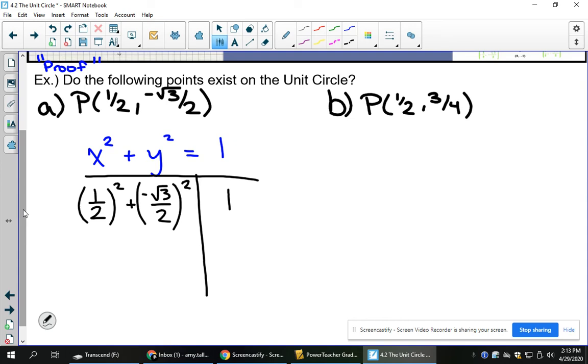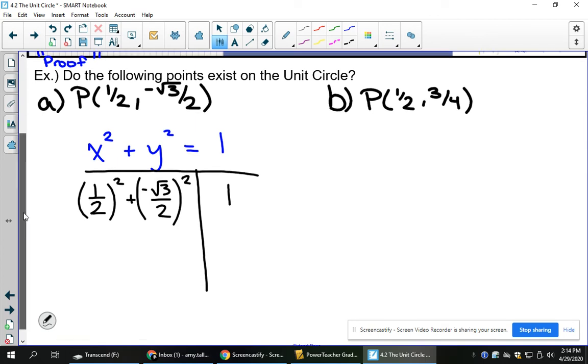Unlike algebra, nothing gets moved from side to side. Nothing is crossing the equal sign. That's why we set up this T. This T shape helps you keep the left side and the right side separate, and all you're doing is evaluating. So on the left side, I've got a lot of work to do. On the right side, it's equal to number 1. I don't have to do anything on the right side ever again.